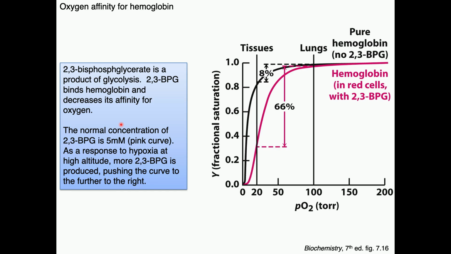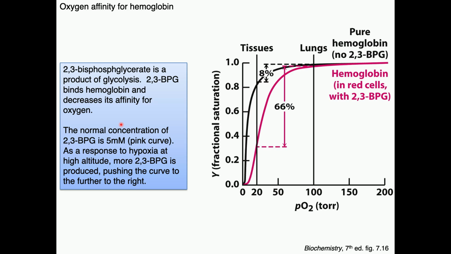And then if you add 2,3-bisphosphoglycerate into the system, that shifts the curve to the right and makes it more shallow and makes the hemoglobin able to release the oxygen into the tissues where you would want it. And then if you increase 2,3-bisphosphoglycerate, you could shift this curve further to the right.